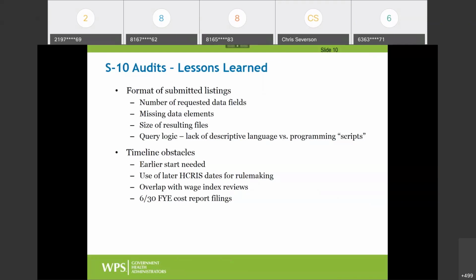Really, the last three rulemakings have had something come up where CMS has taken advantage of that. But based on what they've published most recently and other conversations we've had, they're pretty committed to sticking to that unless there's something like COVID or a series of hurricanes that would cause a lot of issues for a big section of providers. So just some things to keep in mind and be aware of.